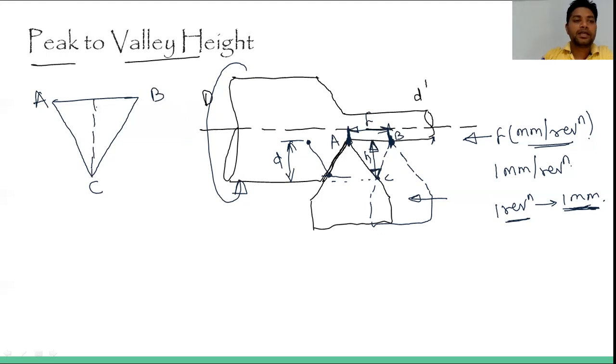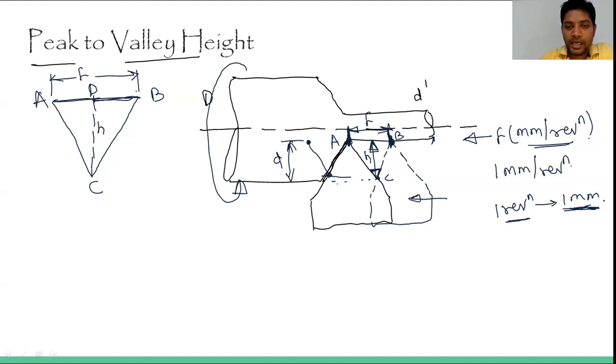If I call this point D, sometimes when we are smoothly moving in this direction, AD will be equal to BD, and sometimes it may not be equal. So we are assuming both are not equal, and the total value AB will be equal to f. This value CD will be equal to h.